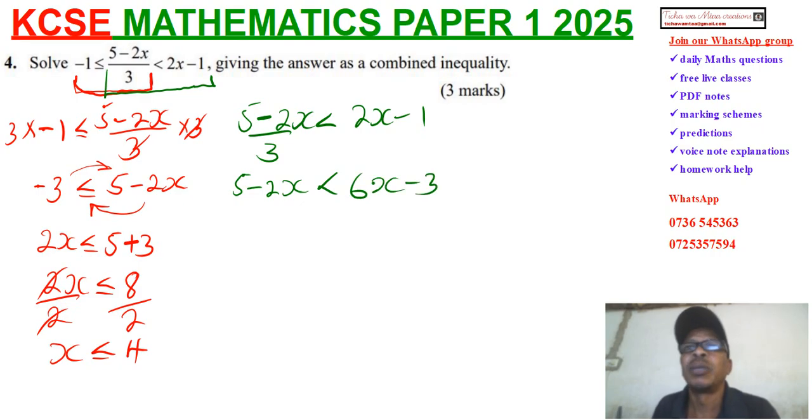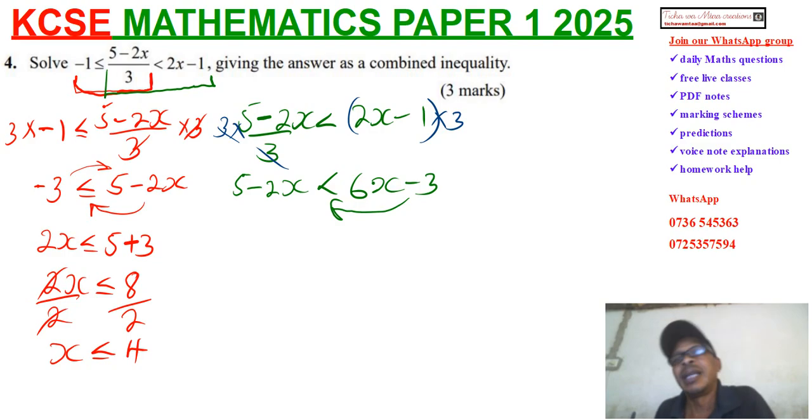I hope you have understood what I have done here. I have multiplied the whole of this side by 3, and I have multiplied this by 3. So what we do is take minus 2x to the other side across the less than sign.